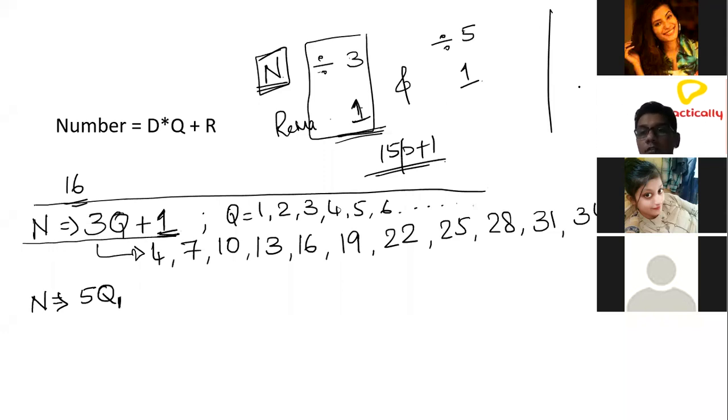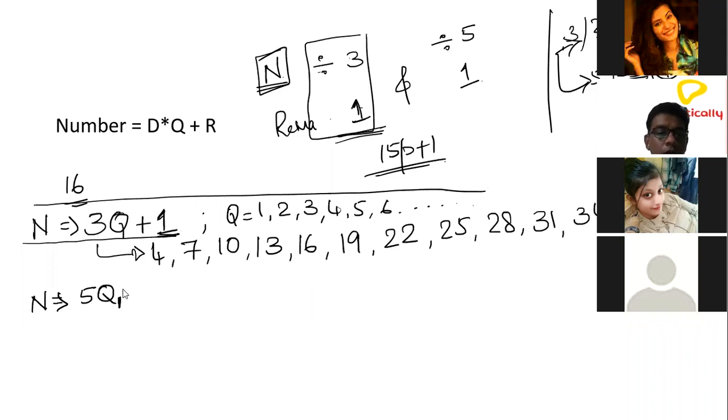Right? 23 divided by 3, what quotient did you get? 7. But 23 divided by 5, what quotient do you get? 4. So the quotient will vary for the same number when your divisor varies. So I would rather use it as Q1.